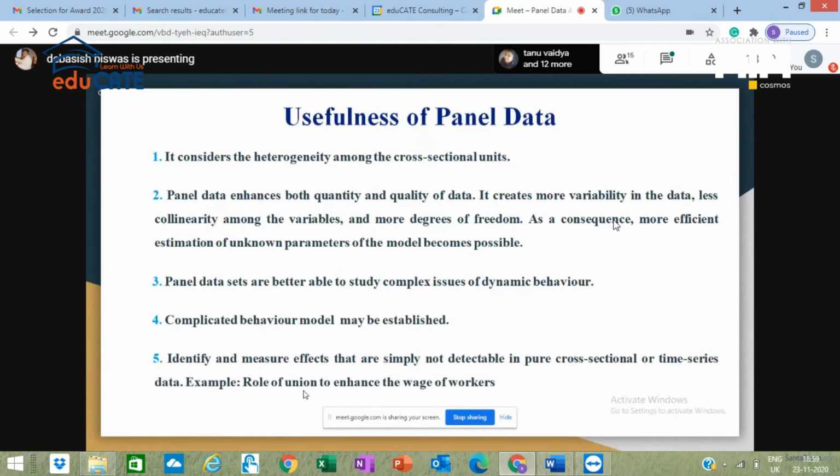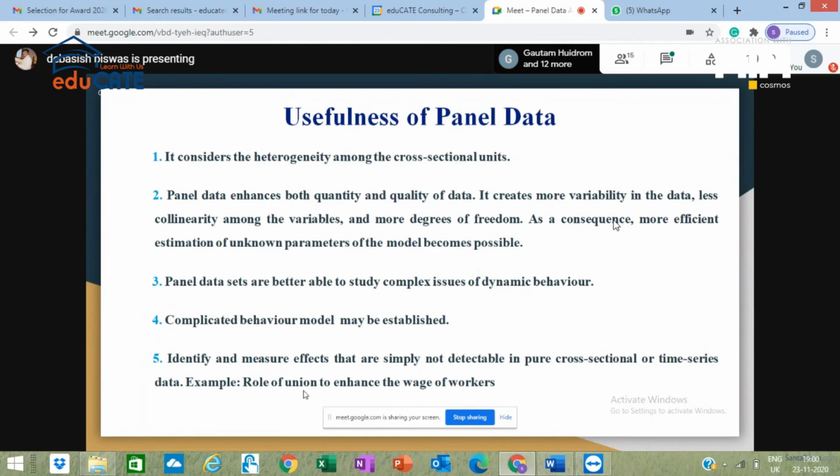So if you want to prove whether unions are effective and fruitful in enhancing the wage level of workers, then you have to consider many workers as well as many time periods. Then you can prove whether the union has an impact on the enhancement of the wage of the workers.